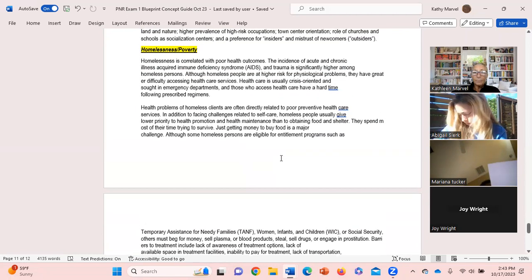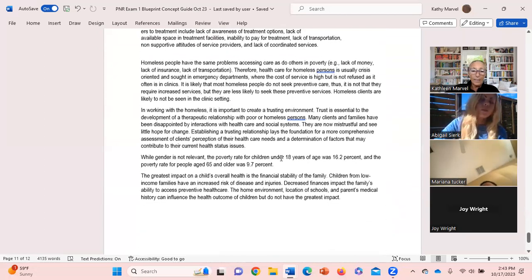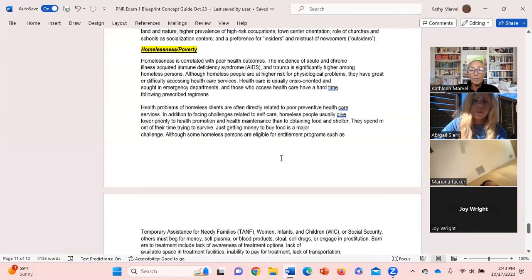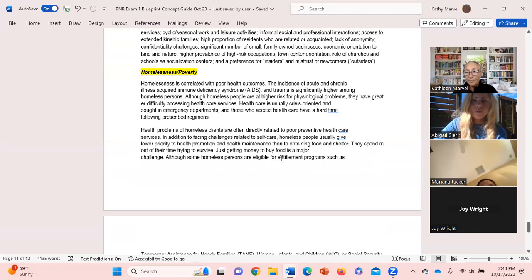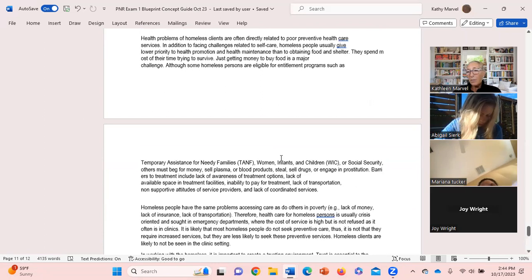Homelessness and poverty. We just covered this, but again, I've broken it down into the 6 or 8 bullets about homelessness and poverty that you need to know to be able to understand this concept. Homelessness and poor health outcomes are discussed in the first paragraph. Poor preventative health. Homeless clients are simply trying to survive, right?